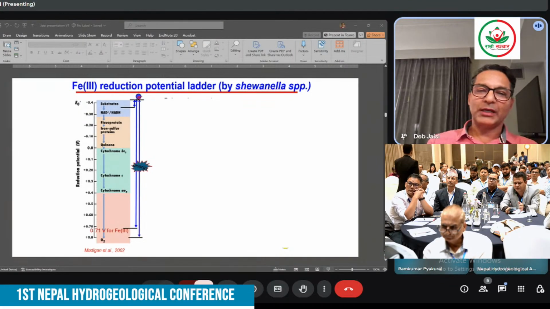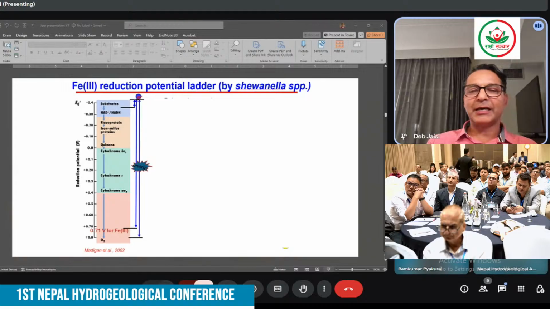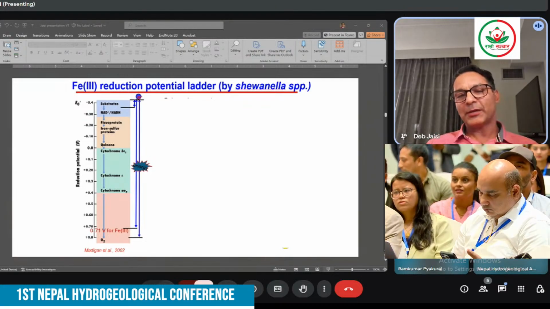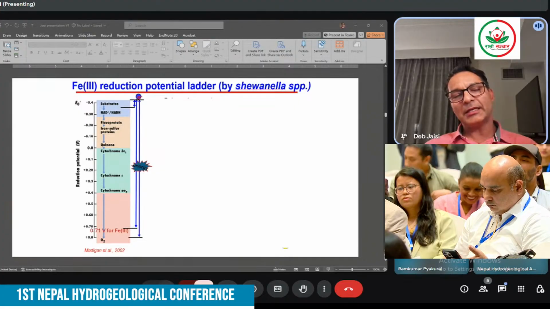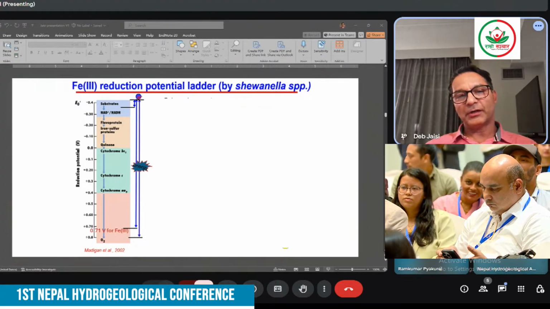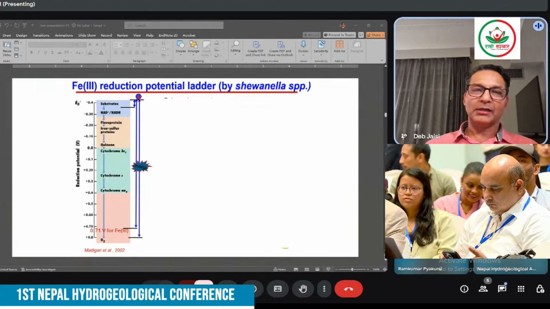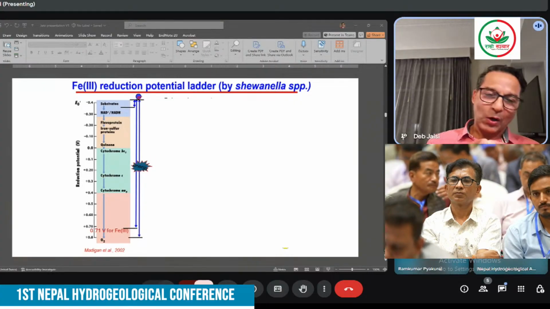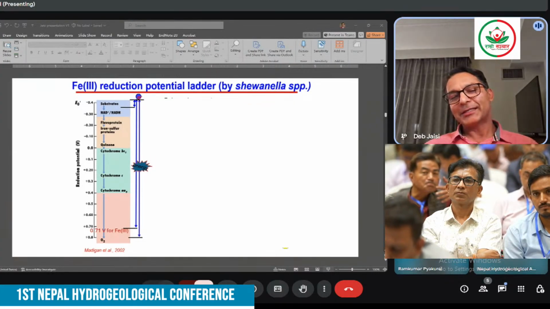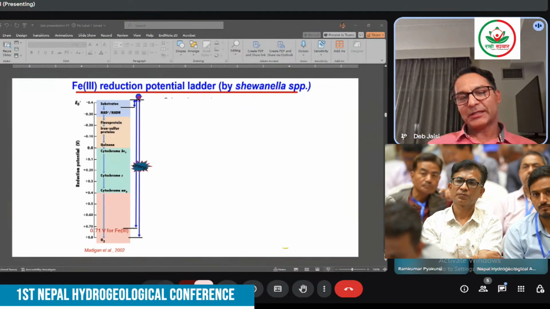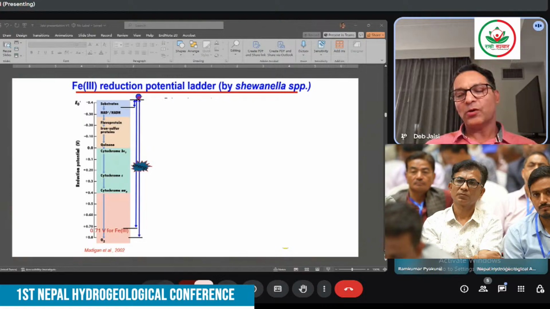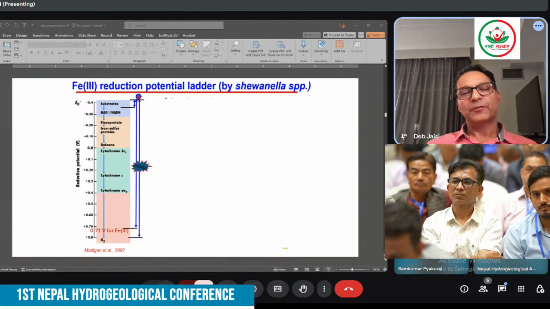So that gets one extra electron, goes to iron oxide, and then the key part of iron oxide reduction is that iron 3 becomes iron 2, which is largely soluble. So that causes a release of iron to the aquifer. The release of mineral in which iron was present also causes release of phosphorus in the system. So the obvious conclusion is that an aquifer that goes into an anoxic cycle can release a whole lot of phosphorus.